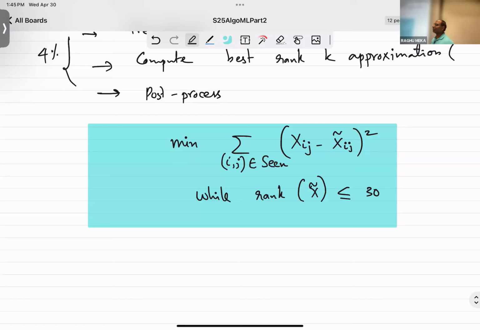So the 4% improvement, you can think of it as a heuristic for this optimization problem. We said our first cut is, okay, I don't know the full matrix, so I'm just going to put zeros or the averages in the remaining and do SVD. And that's a rank 30 matrix that gives me some value here. Okay, but that might not be the optimal solution, right? In fact, it's most likely not the optimal solution.